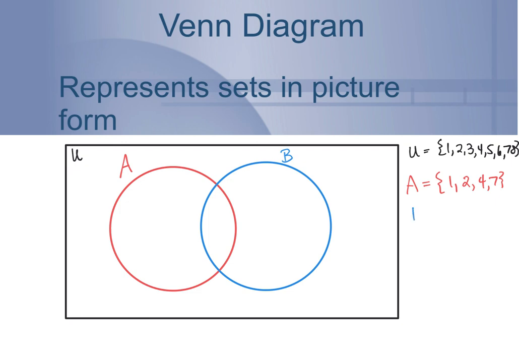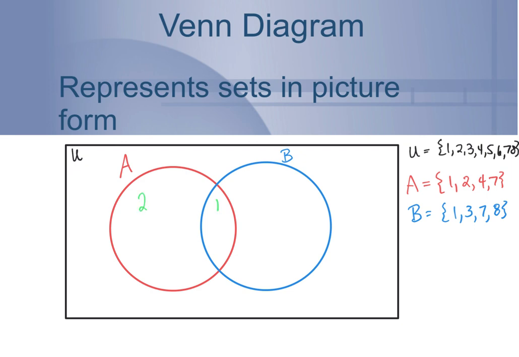When you do a Venn diagram, you literally just plug your elements into the appropriate circle. Now, if the element falls into more than one of your circles, then you put that element where those circles cross over each other. Okay, so in this case, my A set is 1, 2, 4, and 7. But for 1 and 7, I'm going to draw those in the middle, all right? So I'm going to say, well, 1 is here.